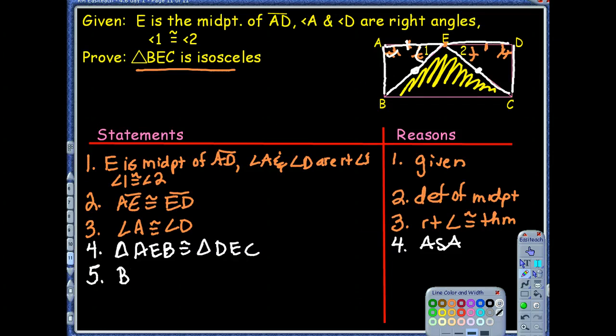That does follow that congruent statement a lot, doesn't it, Mrs. Palermo? It does. It happens almost every single time. So we're going to say segment BE is congruent to segment EC, and that reason is CPCTC. Those corresponding parts of congruent triangles are congruent. And because I know that those are congruent, this is an isosceles triangle.